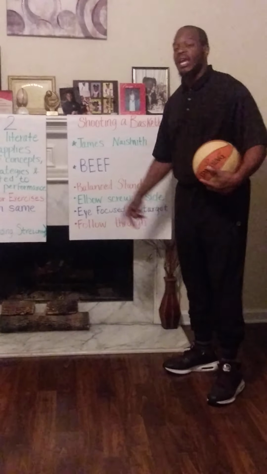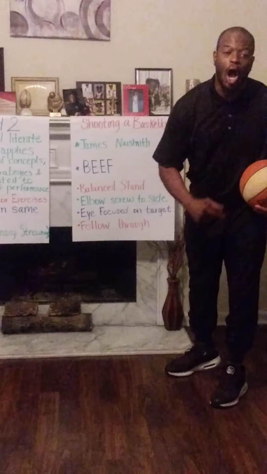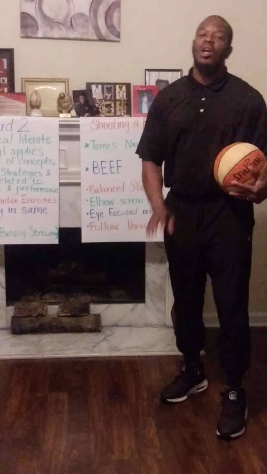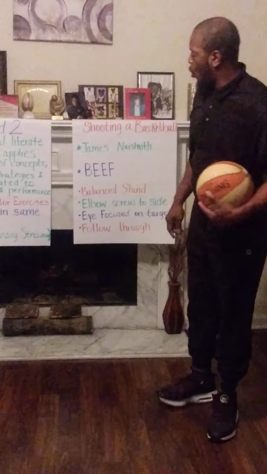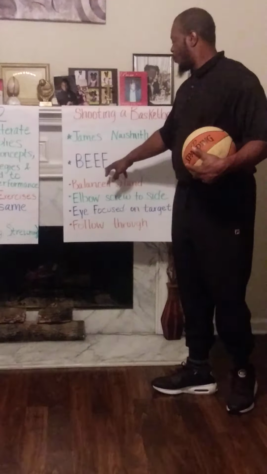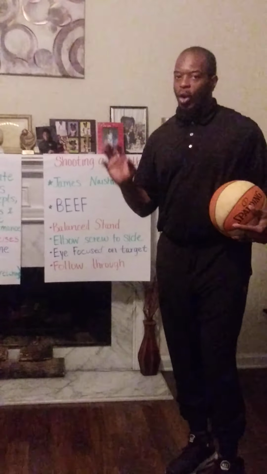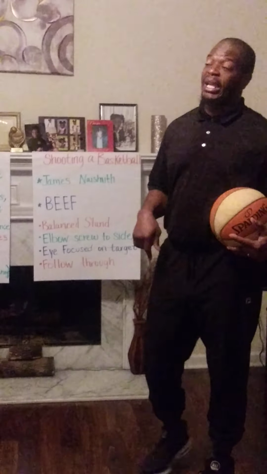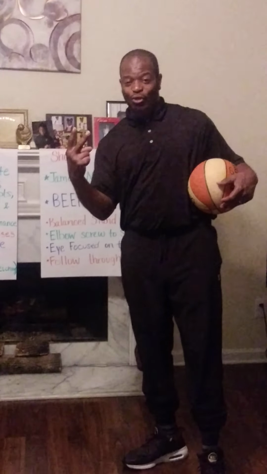The second E stands for eyes. We want to always make sure we have our eyes focused on the basketball goal. And last but not least, the F stands for follow through. And we just showed you some great ways you can work on your basketball shot at home in your house and not tear up anything and not get yourselves in trouble.